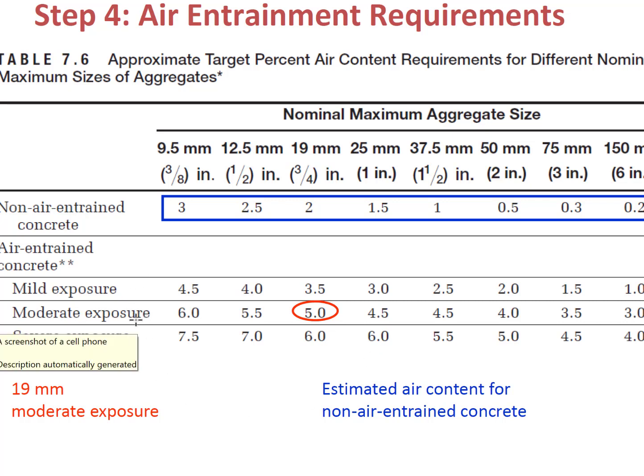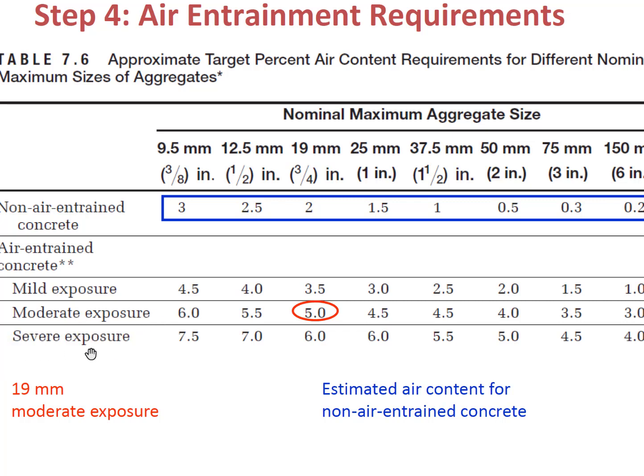And the mild exposure in this table is defined as the environment where the concrete is not exposed to freezing. And the moderate exposure is defined as the environment when the concrete is not exposed to free water for long periods of time prior to freezing, and the concrete is not exposed to de-icing salts.